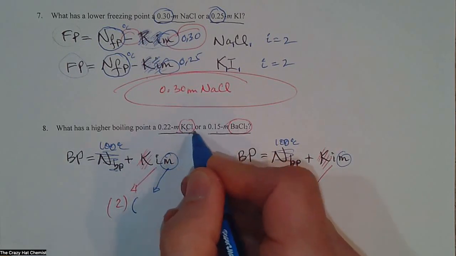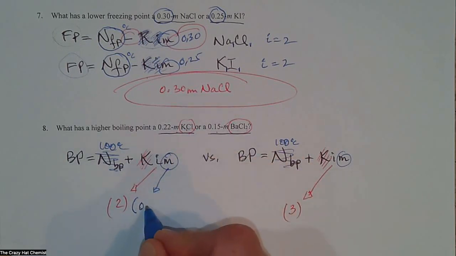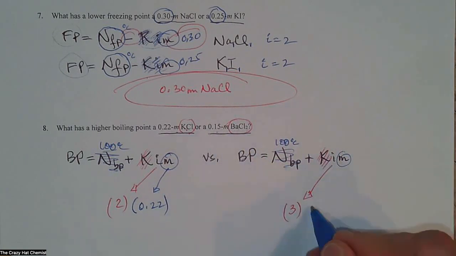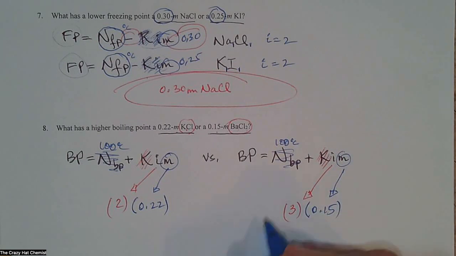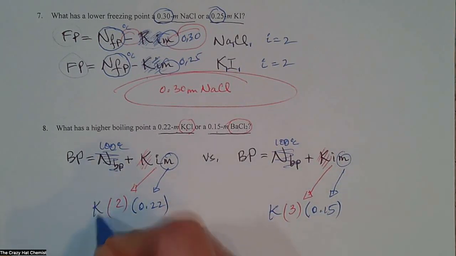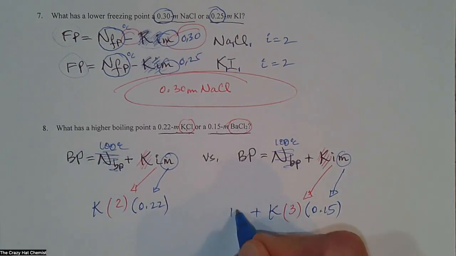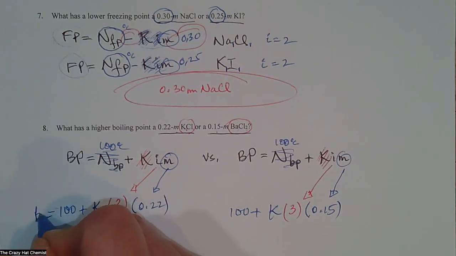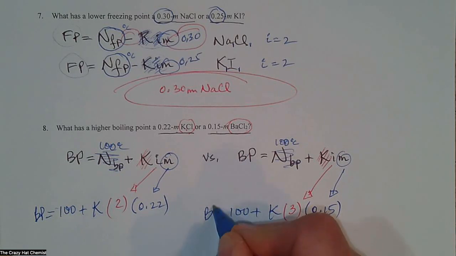So the molality for the potassium chloride is 0.22, and the molality for the barium chloride is 0.15. Again, there's a constant here for both of them, and it's a plus 100, right? Plus 100 is equal to the boiling point.